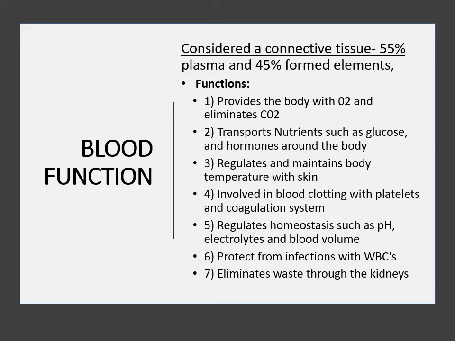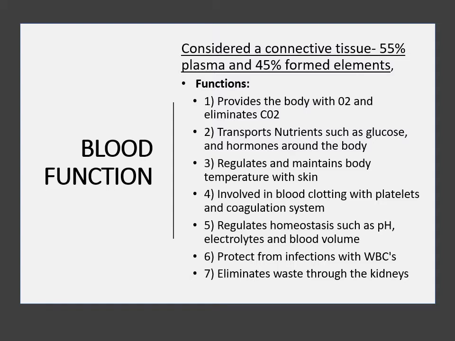The electrolytes, such as sodium, potassium, calcium, they're all regulated as well, okay, by different means. So, for example, sodium is regulated by aldosterone. Aldosterone increases or reabsorbs sodium. It also reabsorbs water along with the sodium.